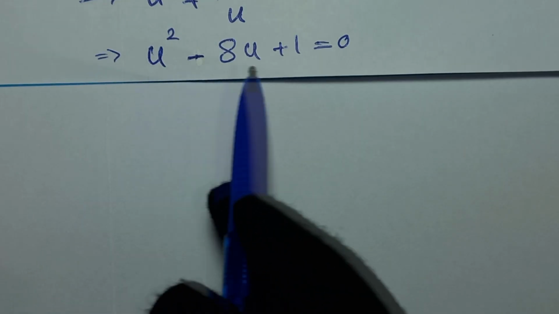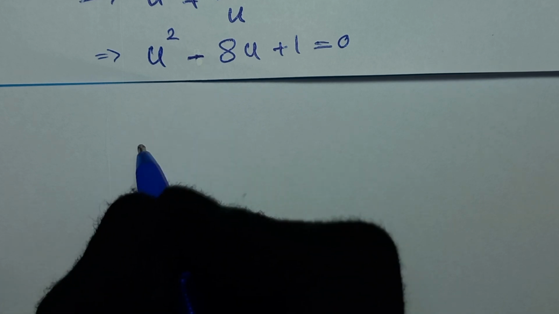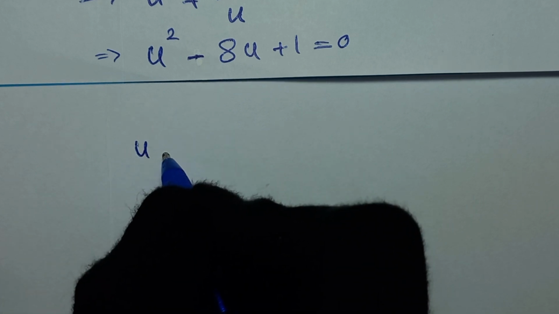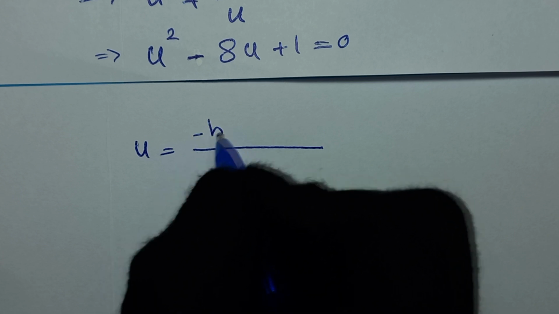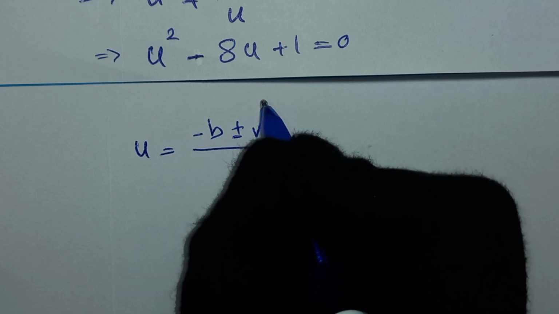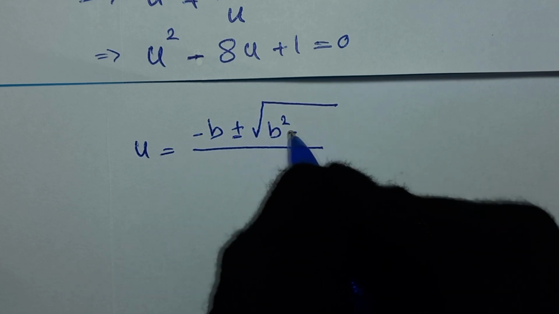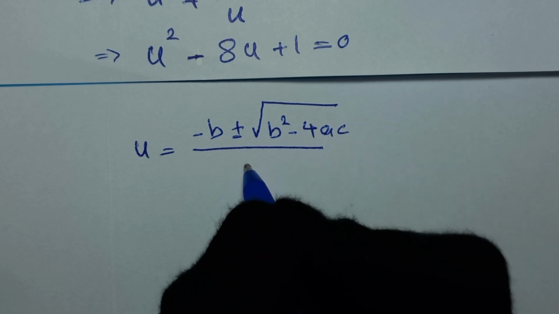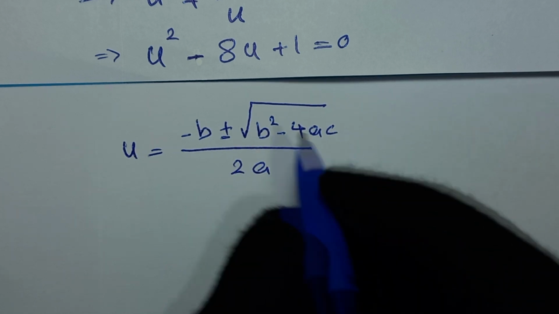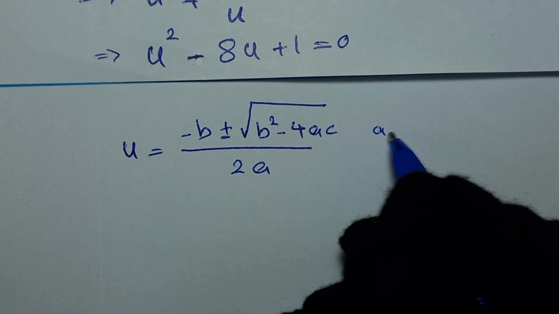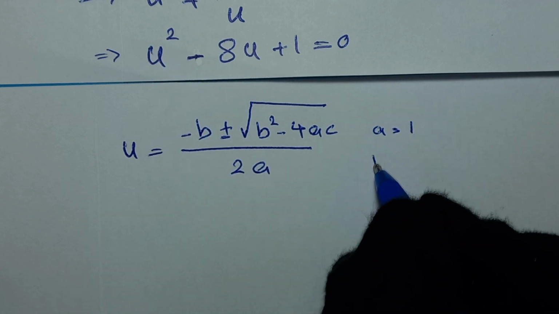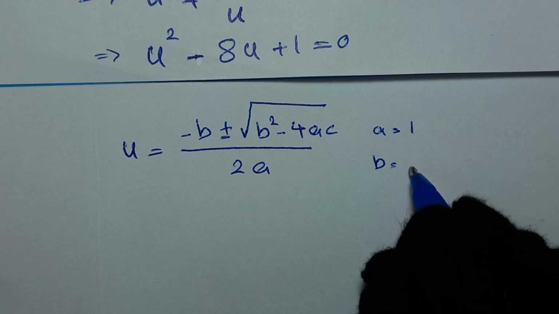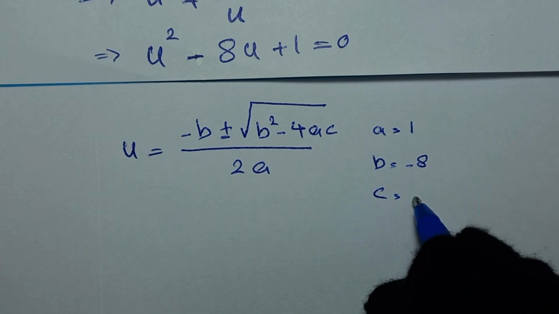Here we have a quadratic equation, and to find the value of u we use the quadratic formula: u is equal to negative b plus or minus square root of b square minus 4ac, over 2a. From here, a is the coefficient of u square, which is 1, b is the coefficient of u, which is negative 8, and c is the constant, which is 1.